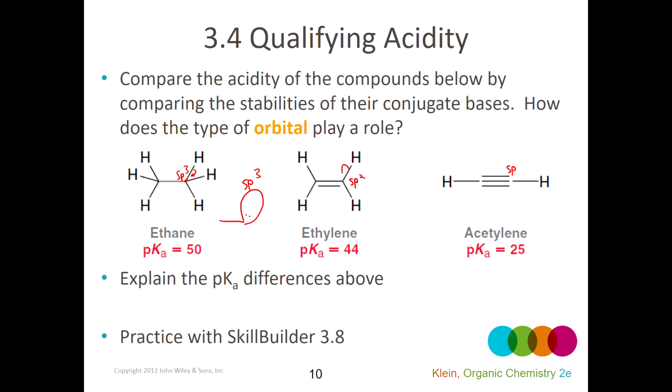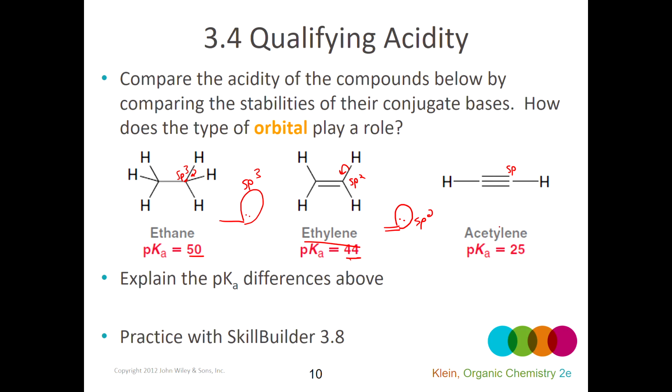If this molecule did the same thing, its electrons would be in a more compact sp2 orbital, so they'd be closer to the nucleus on average, more stabilized. So these molecules are more likely to do that. Not a big difference, but a significant difference: 10 to the 6th. Ethylene is 10 to the 6th times stronger as an acid than ethane. Or a million times stronger.